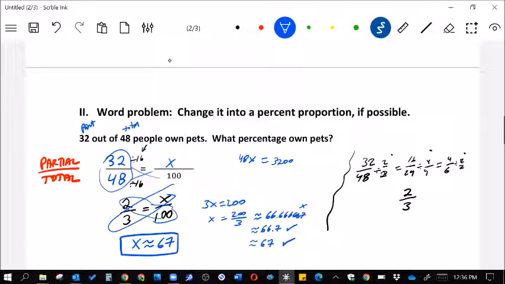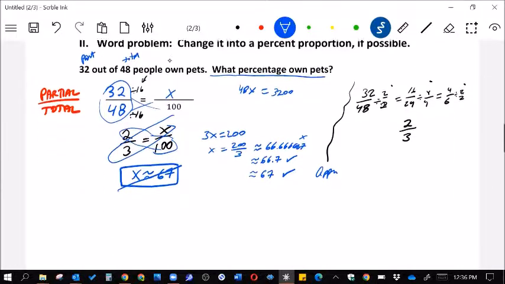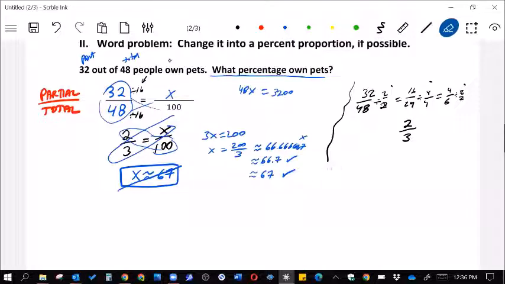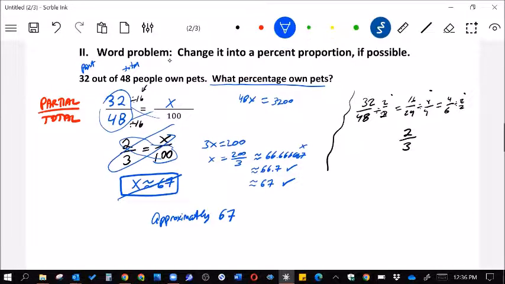Or actually, that's not the best answer because it's what percentage own pets. So I would have to say approximately, let's see how much space I have here. I'll do it right down here. The better answer is to say approximately 67% own pets.